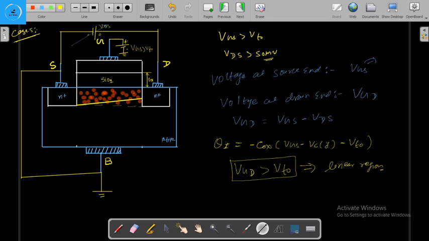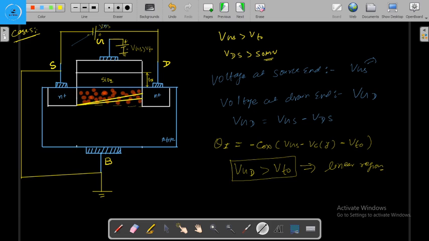Because the gate to channel voltage is decreasing as we are moving from source to drain, and due to this the depth of the channel, or the electron concentration present in the channel, is decreasing as we move from source to drain. So when we increase the drain voltage more and more, the channel becomes more and more tapered in shape.